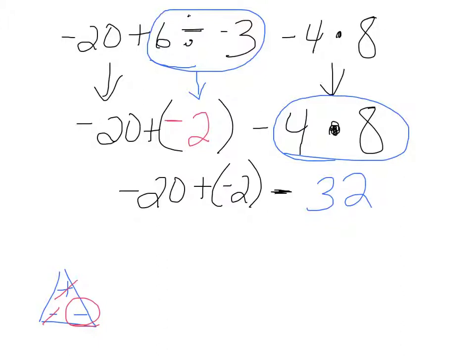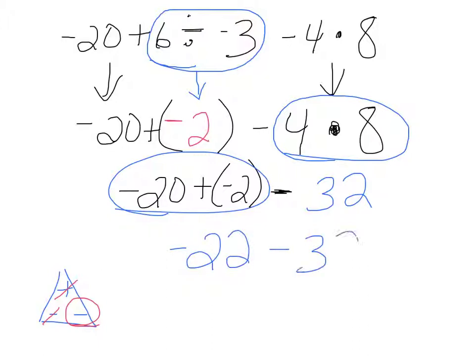If you look in your flip book on adding integers, same signs, add and keep. So we'll go ahead and add and keep our sign. 20 plus 2 more makes 22. So we have 22 negatives minus 32.